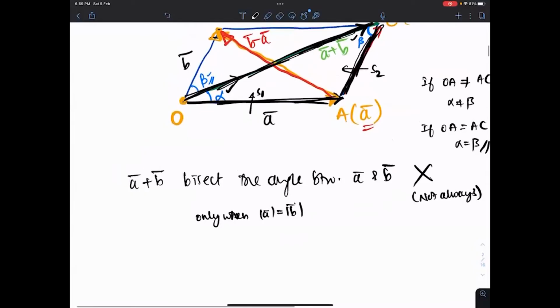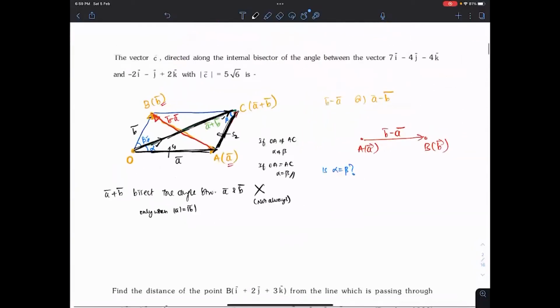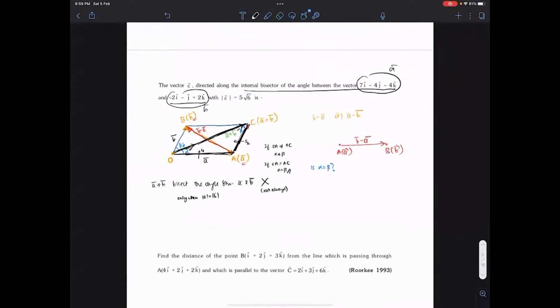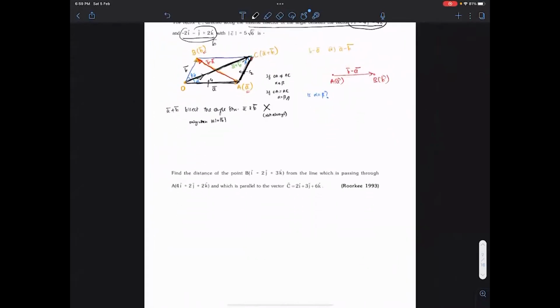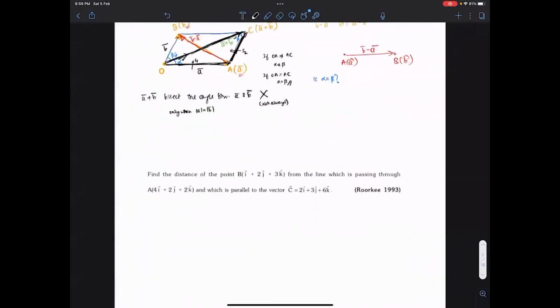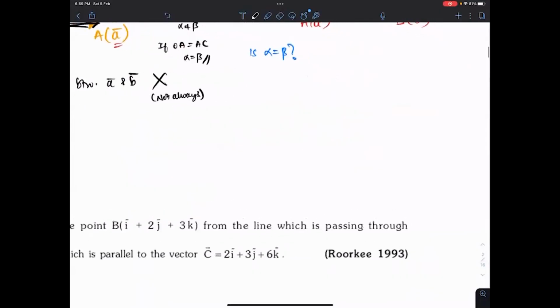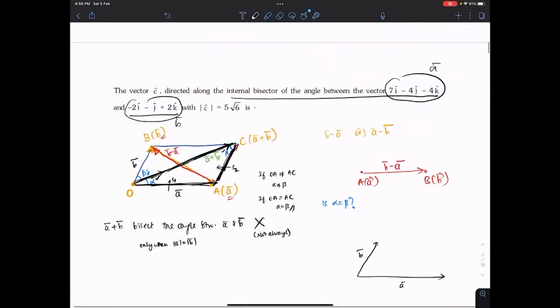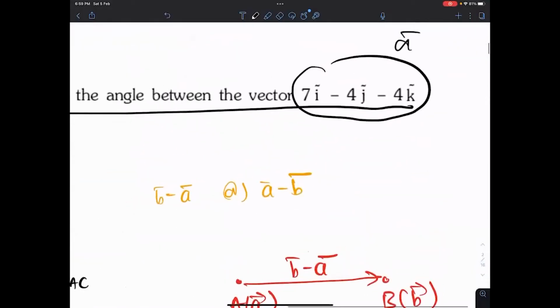Now, let us see. What they are asking, internal angular bisector between these two vectors. Let us say this vector is A bar and this vector is B bar. Okay, so these are the two vectors, A bar and B bar, different length. Na? Immediately from here we can see what is the length of this vector. 49 plus 32, 81.